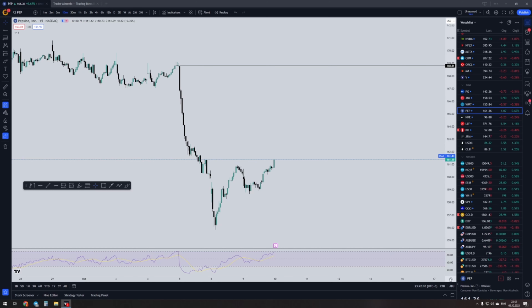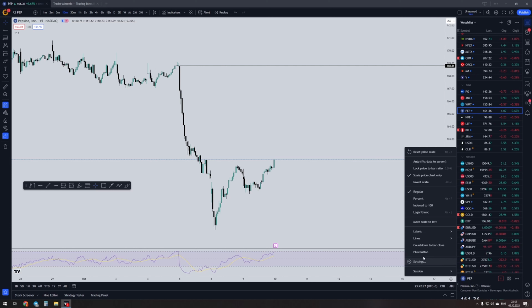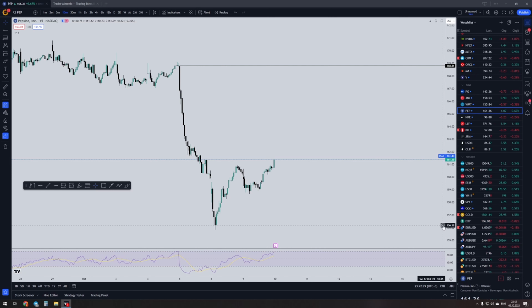When doing this, you have to click on settings here, and if I'm not mistaken, yeah, click the plus button. By doing this, you can set alerts on specific levels that you need. Also, you can just buy and sell limits, or buy and sell by market order if your TradingView is connected to the broker you use.